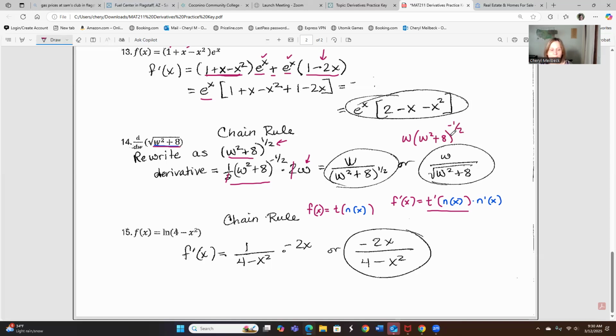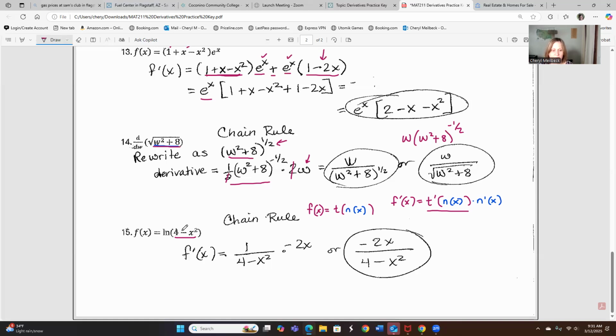Looking at 15, again, we have our inside function, which is the 4 minus x squared, and the outside function, which is natural log of x. A lot of people make the mistake of thinking that this is a product rule, but it isn't. This is what we call the argument of our natural log.